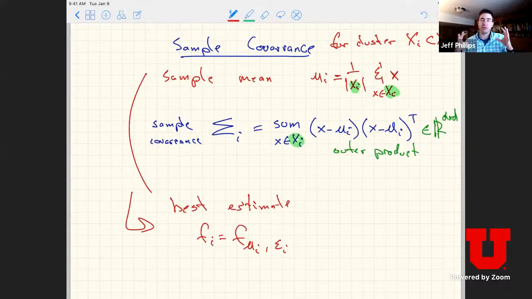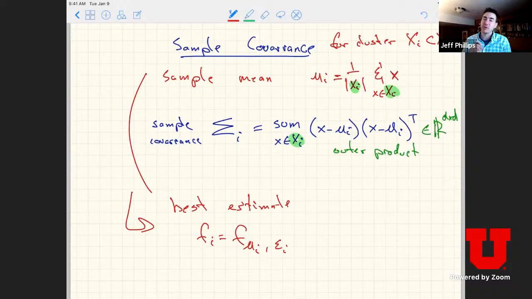So I can build the best function that fits the data set in this way. Pretty straightforward. So I'm going to plug this in to update my function inside of Lloyd's step. But before I write everything out, I'm going to make another change.